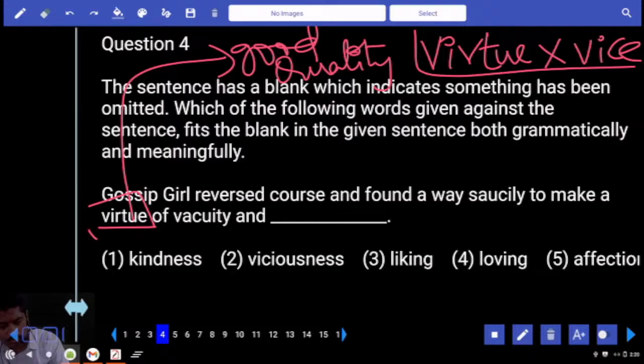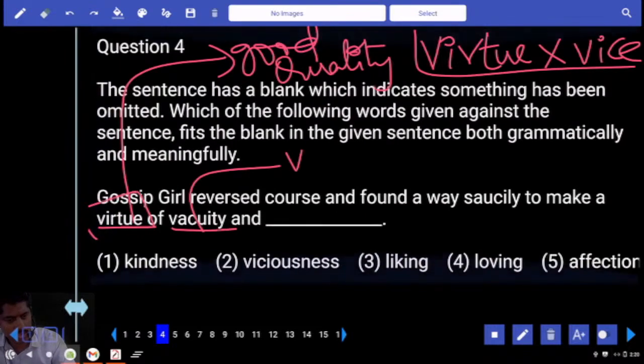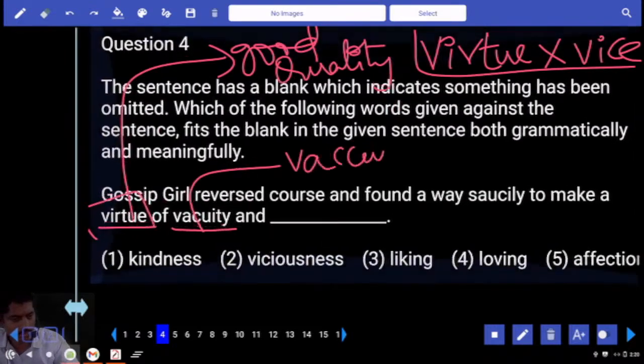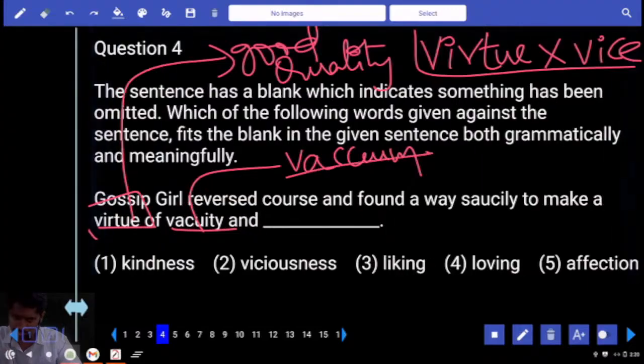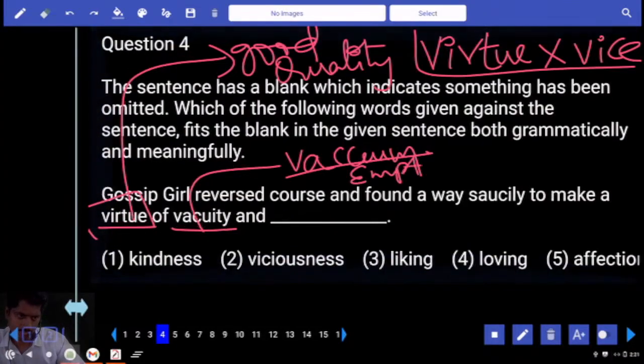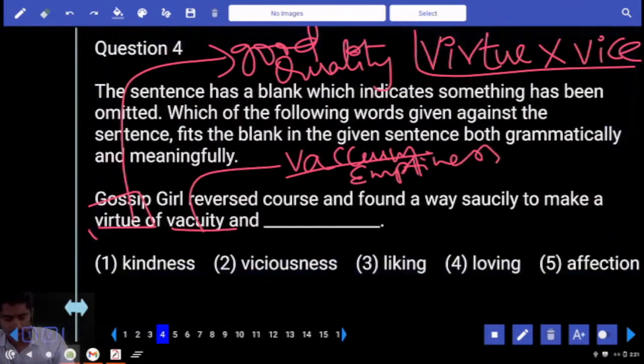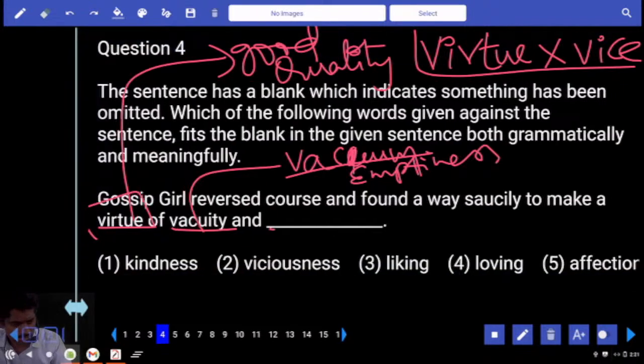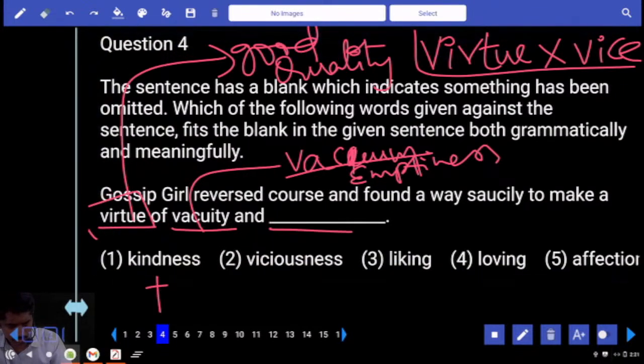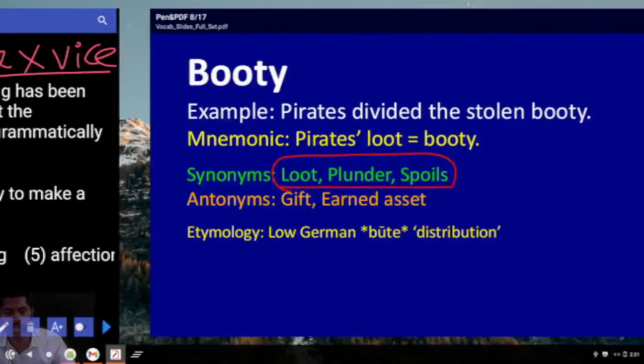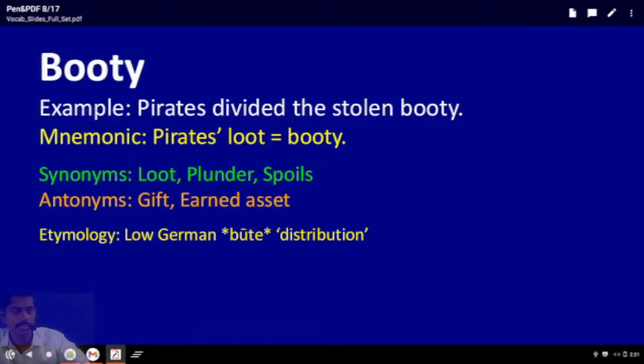So virtue of vacuity. Vacuity means vacuum, emptiness. So the virtue of emptiness and dash. Kindness is positive. Vicious is nothing but evil. Cruel is called vicious.